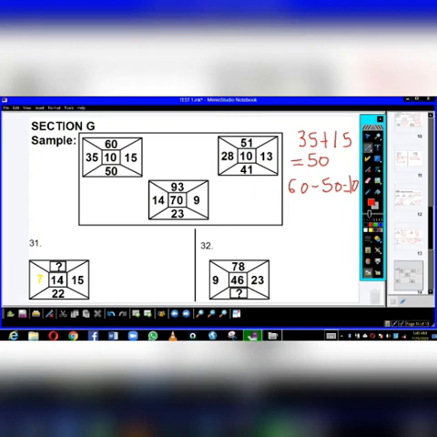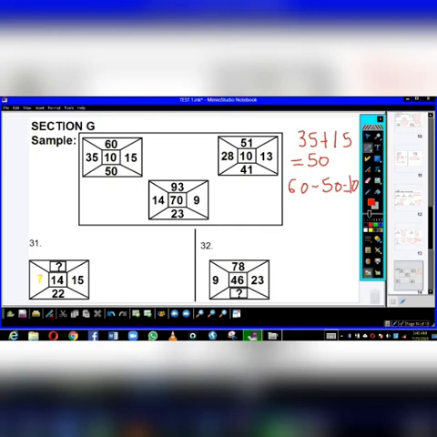And for us to find the value of any of these numbers, we have to follow the working in the sample.